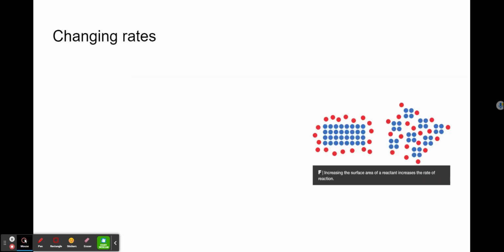The last thing to mention about rates of reaction for now is that we can change the rate of a reaction. There are various different factors that we can use to change the rate of a reaction. To think about that, in any chemical reaction, particles will only react with each other if they collide with each other.